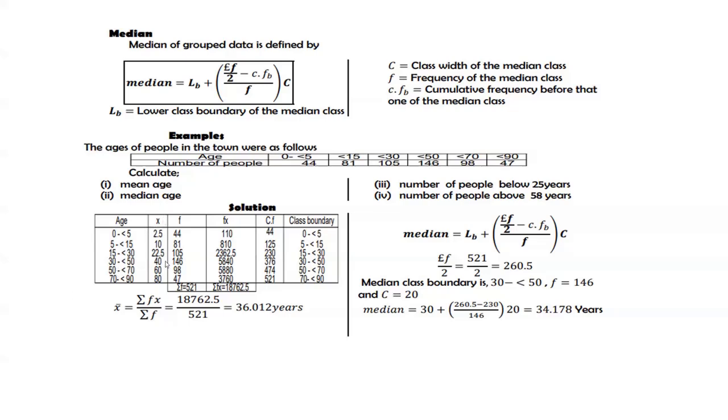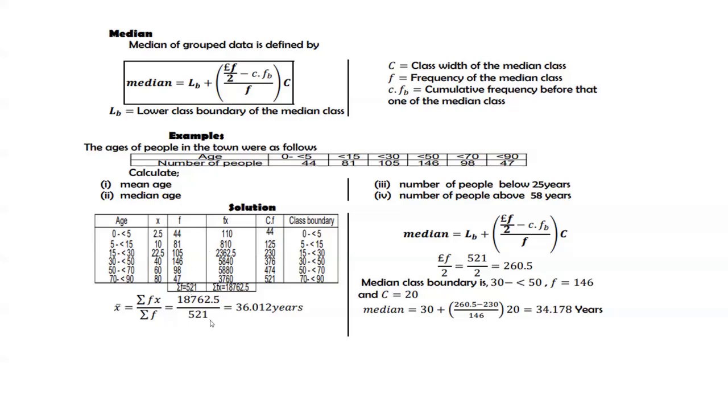To get the midpoint or the mid value, it will be 0 plus 5 divided by 2, 5 plus 15 divided by 2, 15 plus 30 divided by 2, 30 plus 50 divided by 2, you get 40, up to 70 plus 90 divided by 2, you get 80. Then you put the frequency and get a column for the product of x and f.